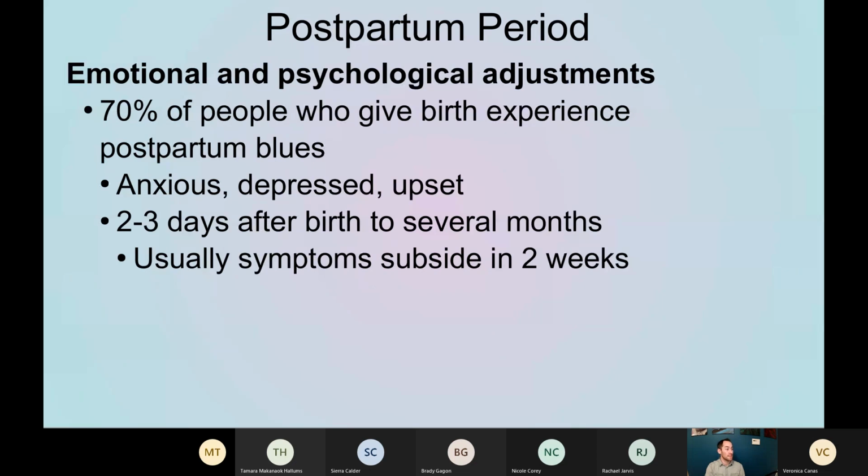So with this, 70% of people who give birth experience postpartum blues. These are symptoms of anxiety and depression that don't last for too long. It's really common to have these for a couple weeks, so maybe 2, 3, possibly 4, but generally as the hormones get into their new balance, these kinds of symptoms should subside.